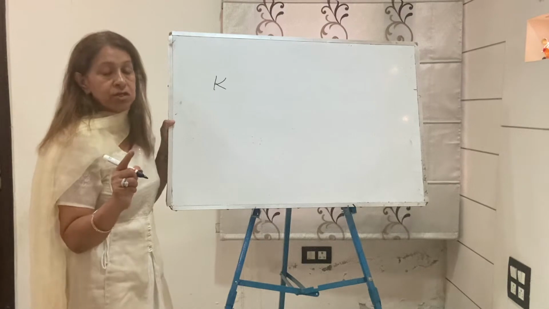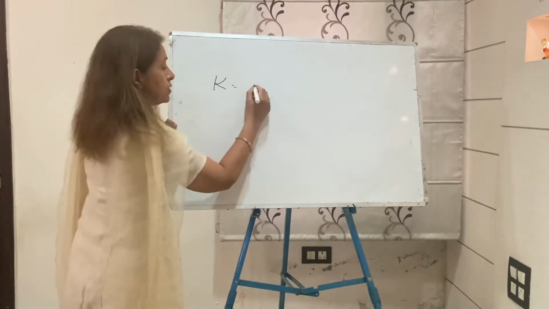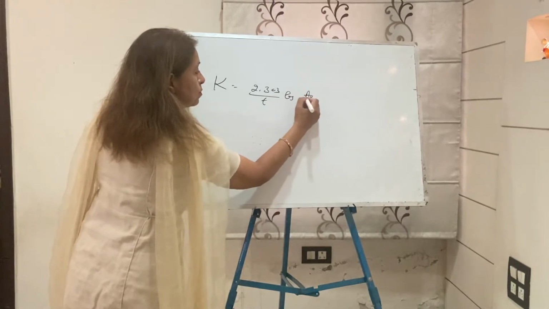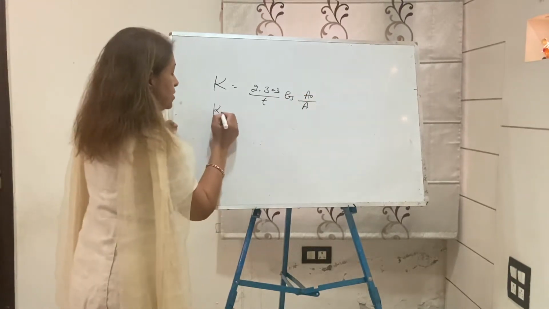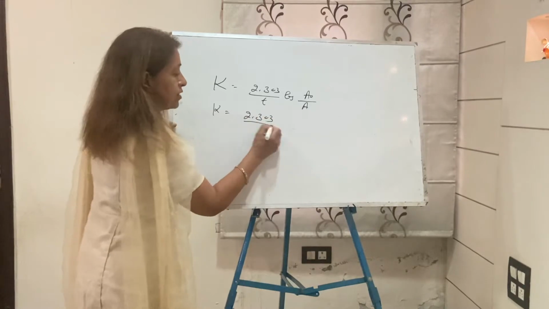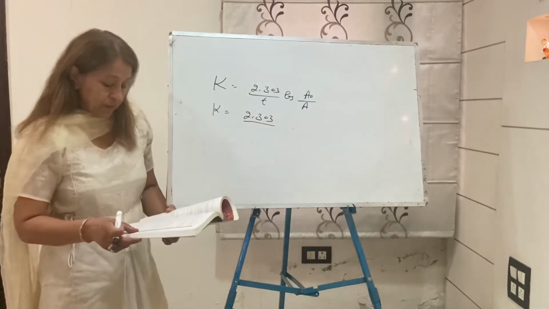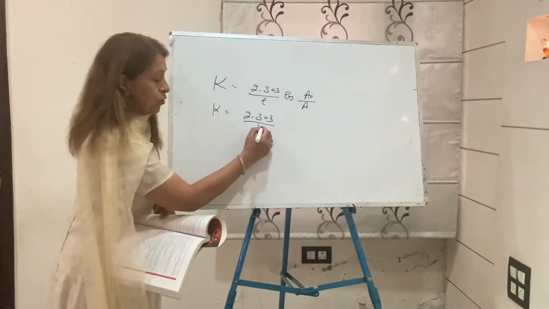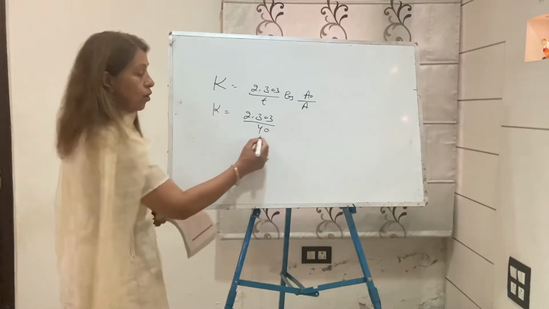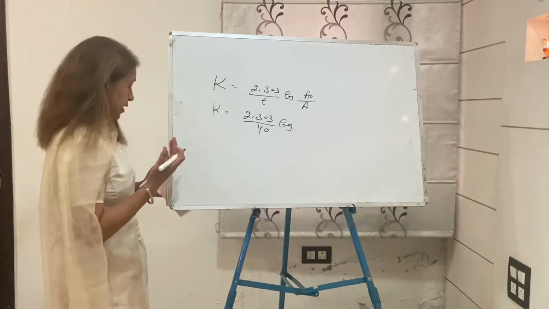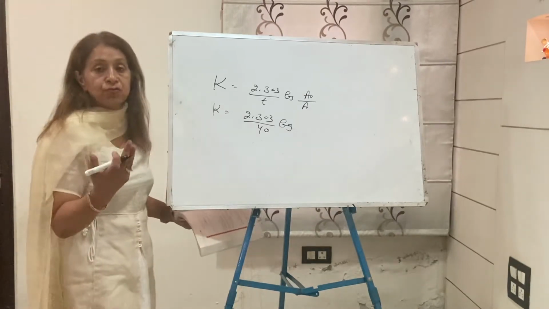Always calculate the constant first if it is not given. K is equal to 2.303 by t log A naught by A. So K is equal to 2.303 by whatever time is given, which in this numerical is 40 minutes, log. It is 30% decomposed in 40 minutes.